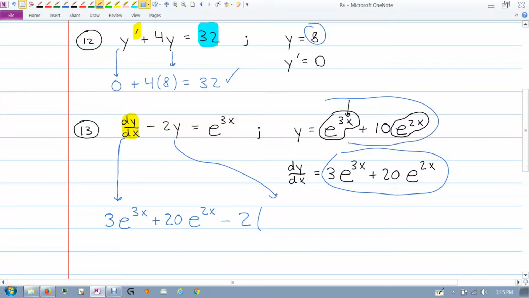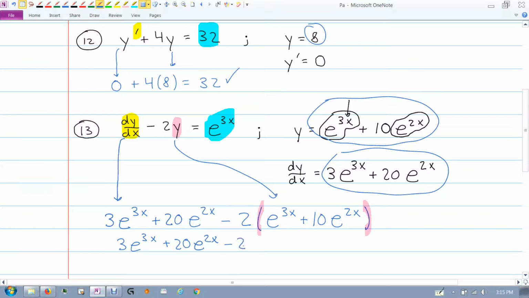And remember, y is all this: e^(3x) + 10e^(2x). And hopefully, at the end, this equals e^(3x). Also pay attention, the parentheses were necessary because we're multiplying negative 2 times y. So we've got 3e^(3x) + 20e^(2x) - 2e^(3x) - 20e^(2x). That's just distribution of the negative 2 through.